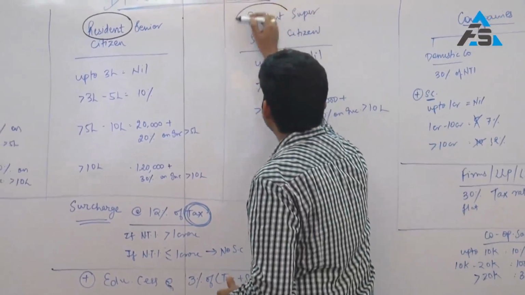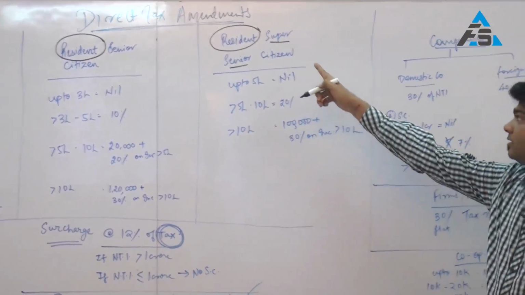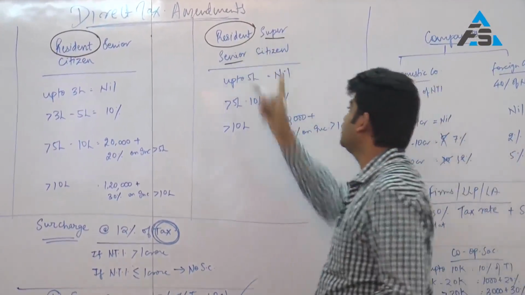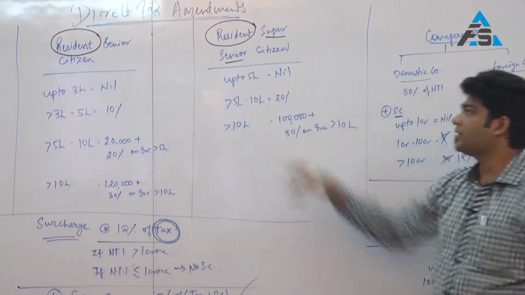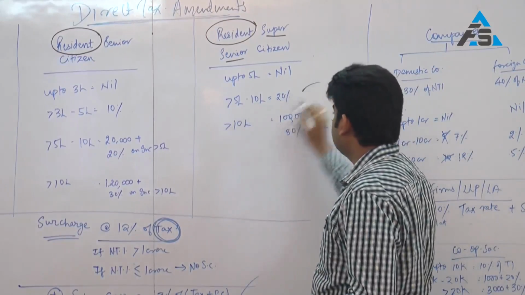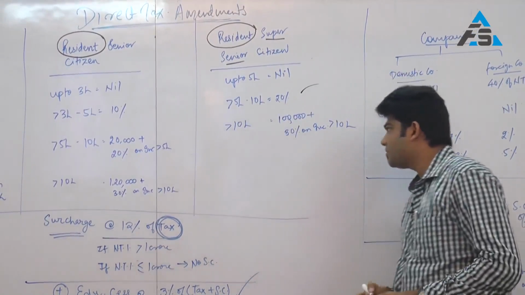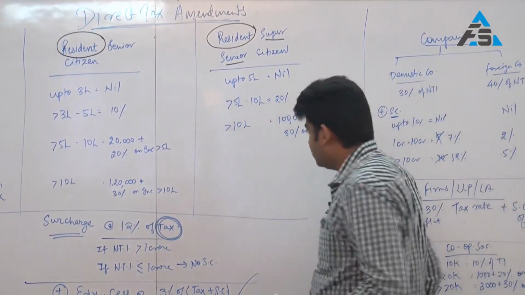Third thing, resident super senior citizen beyond the age 80. Again, the word used is resident super senior citizen, up to 5 lakh nil. So again, an extended benefit of 2 lakh over the resident senior citizen. 5 lakh to 10 lakh 20%, beyond 10 lakh it will be 1 lakh plus 30% on income exceeding 10 lakhs, which is a part of this.